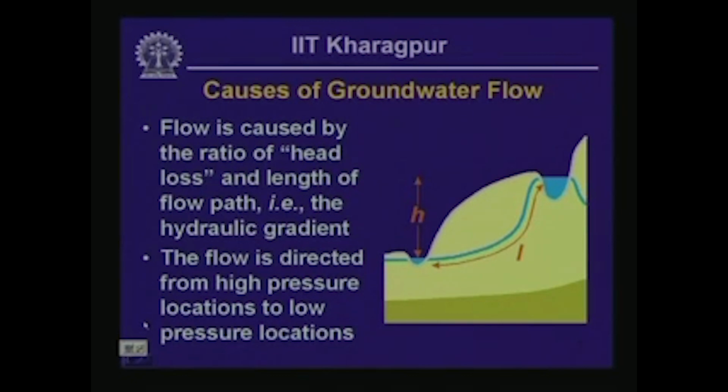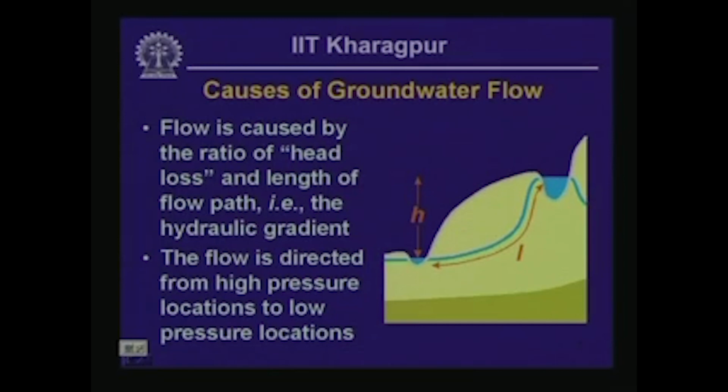Okay. Let us look at what is meant by hydraulic gradient using this particular configuration here. Here the flow length is going to be L, shown by the orange arrow along the water table, and the head loss in this particular case is going to be H, indicated towards the left of this sketch.